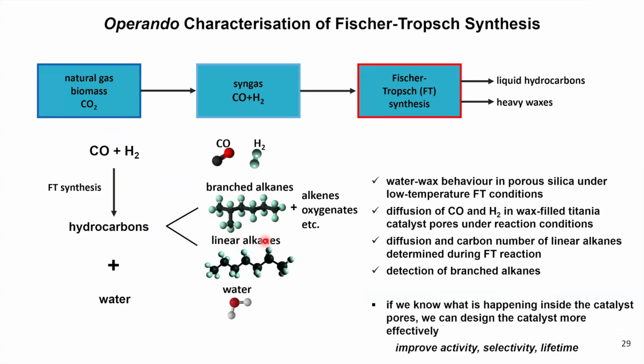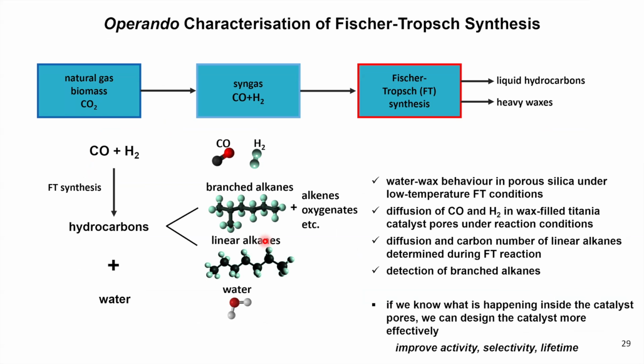But I'm just going to go on now finally to look at a little bit more complicated system. So this is looking at Fischer-Tropsch synthesis. The reactants are called syngas. It's a mixture of carbon monoxide and hydrogen. You can get that from a range of different places. It could be natural gas, biomass, direct air capture, or CO2 from tailpipe emissions.